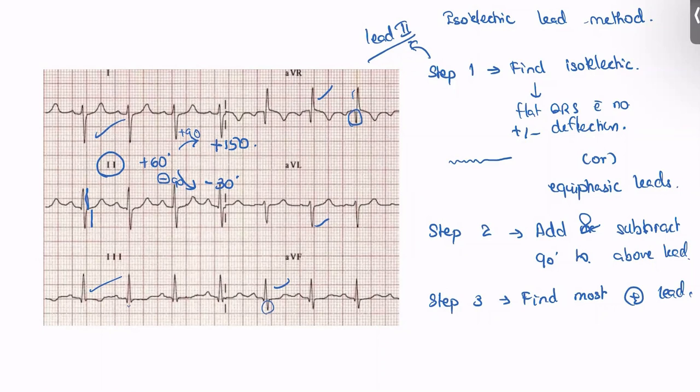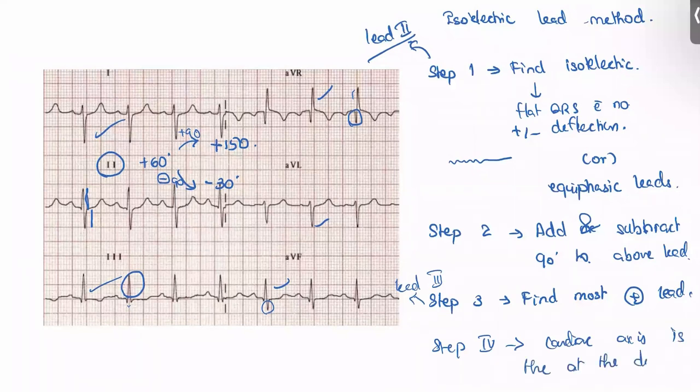So the most positive lead is lead 3. Step 4, the cardiac axis is in the direction of the most positive lead.